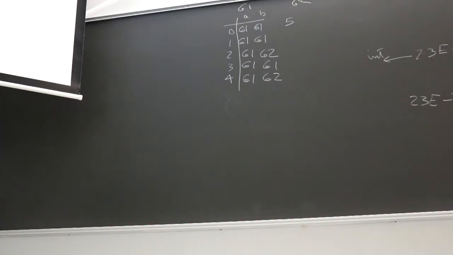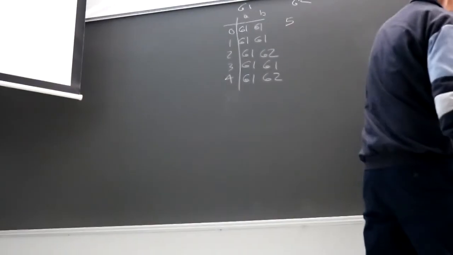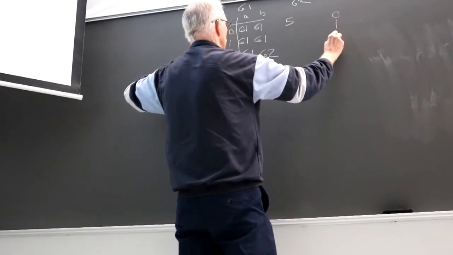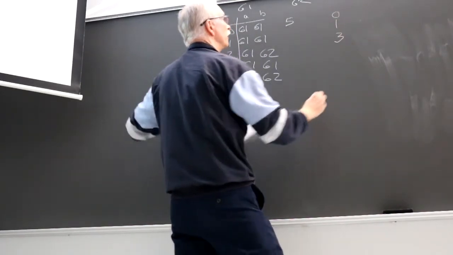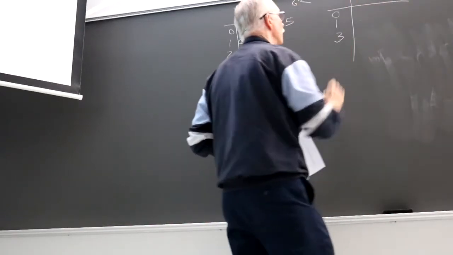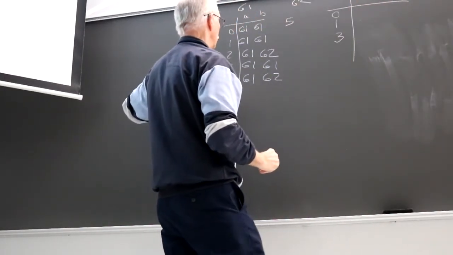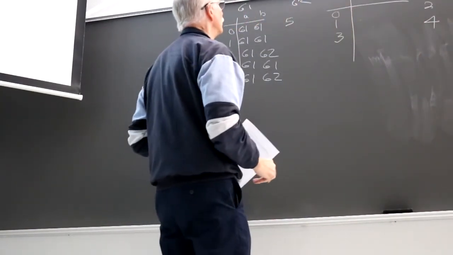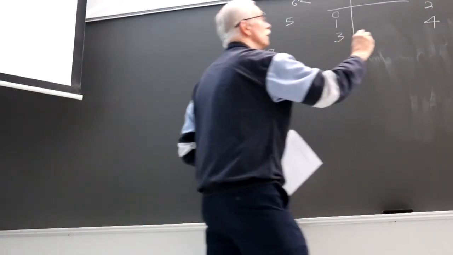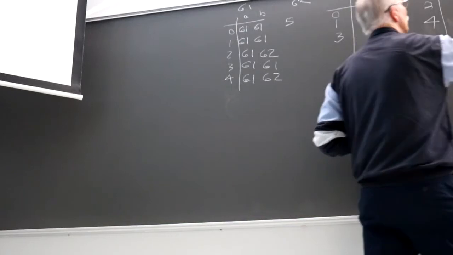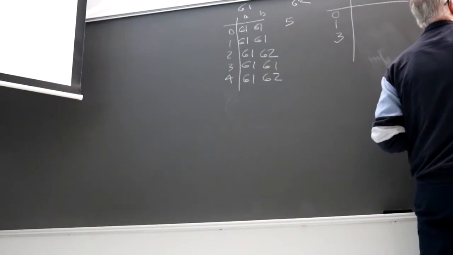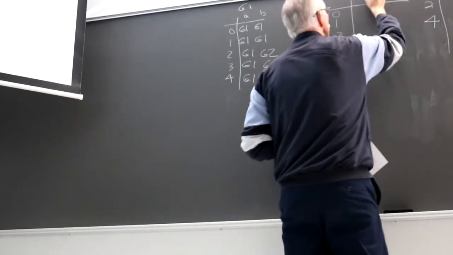So we see that we have some distinctions. 0 and 1 and 3 might very well be the same state. 2 and 4 might very well be the same state. And we've got 5 sitting out here all by itself. So this is group 3, this is group 2, this is group 1.